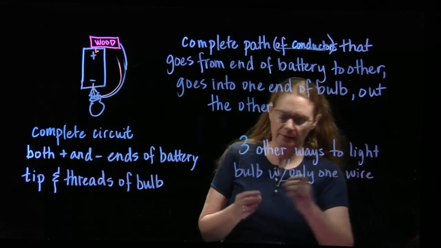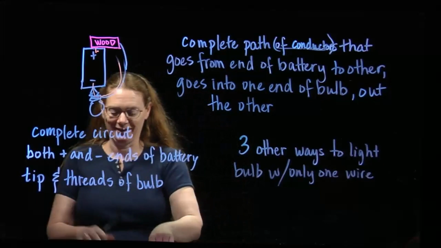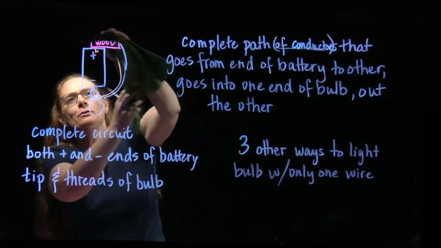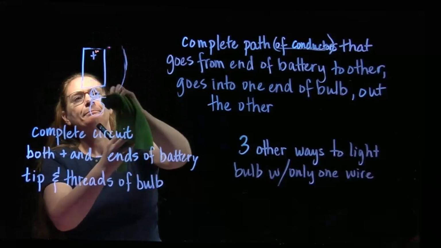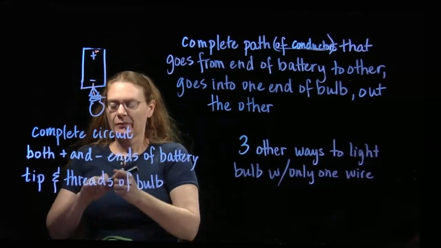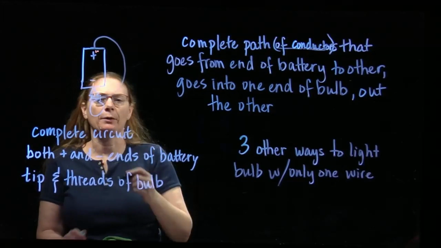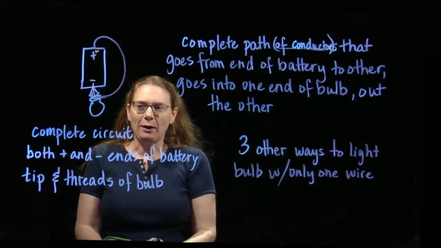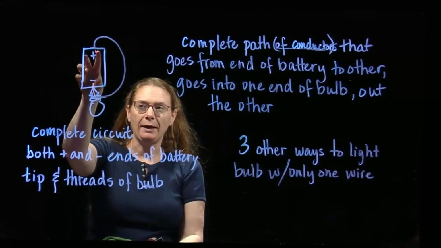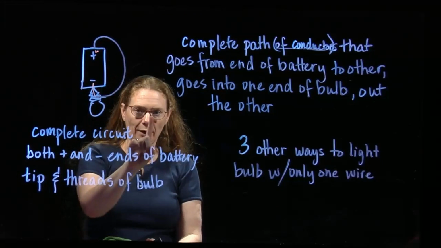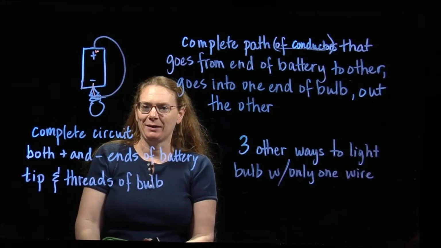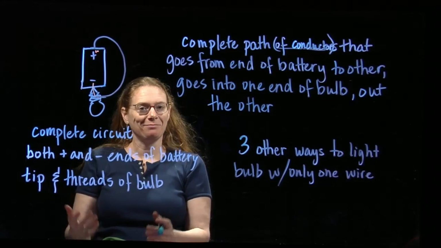So this was one way, where, let's get the wood out of there. Let's make it all conductors again. There are 3 other ways that we can arrange a battery, a bulb, and one wire and still get the bulb to light. So if you want to do some playing around, try that.